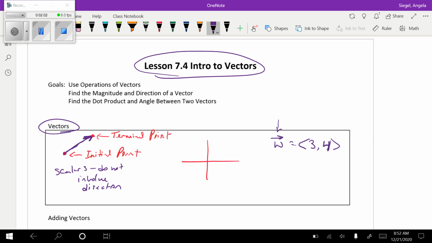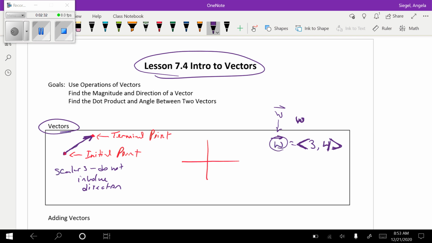Some things I want to talk about with notation: you will really see it three different ways. You'll see it like this, where it has a half angle or arrow. You'll also see a bold letter, like a bold W. All of these things represent a vector. Also, when you're talking about a vector point, it looks like that.